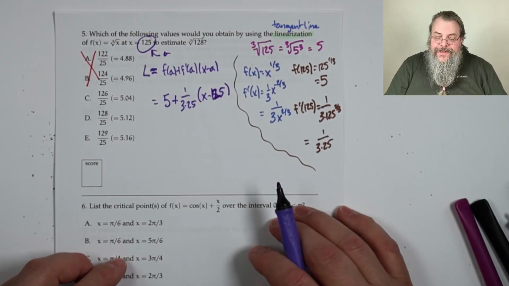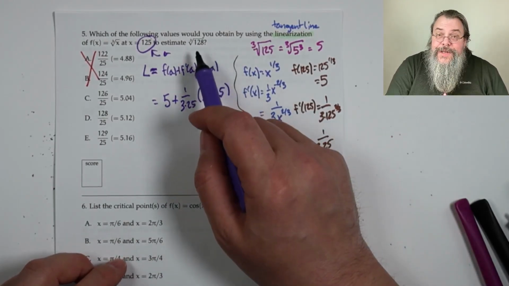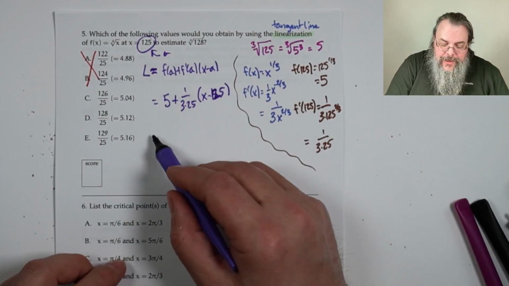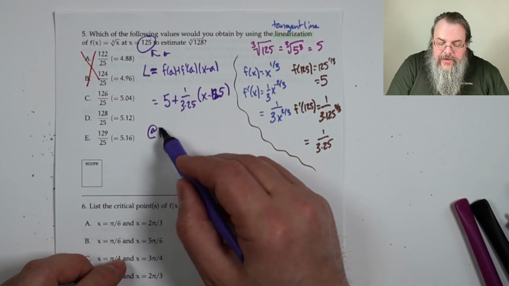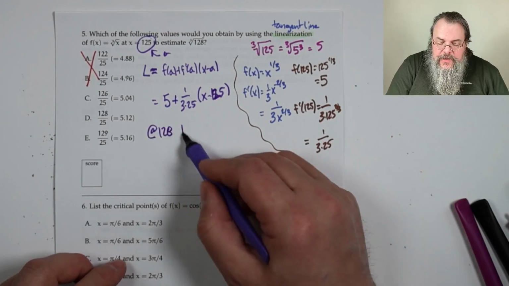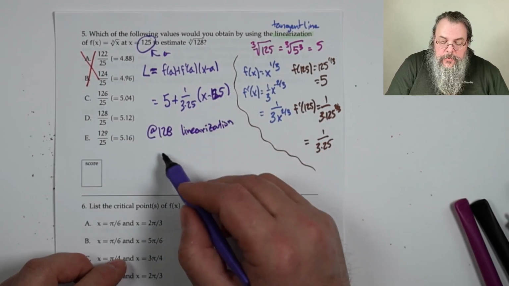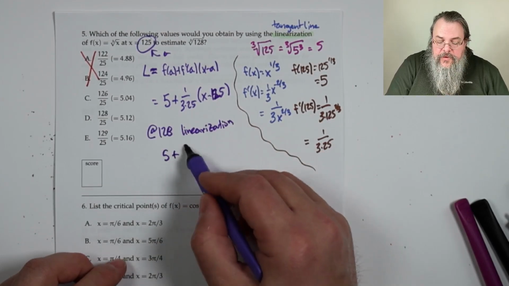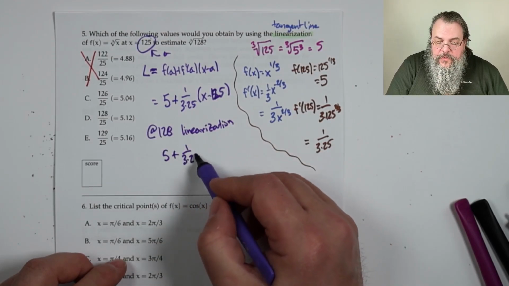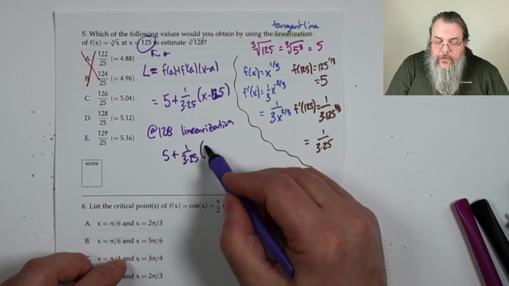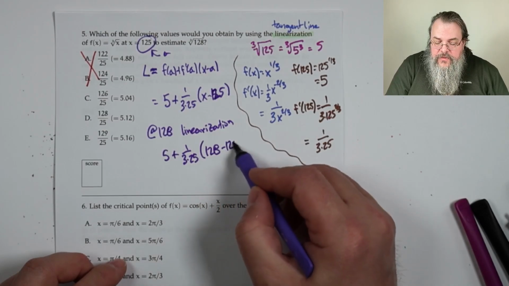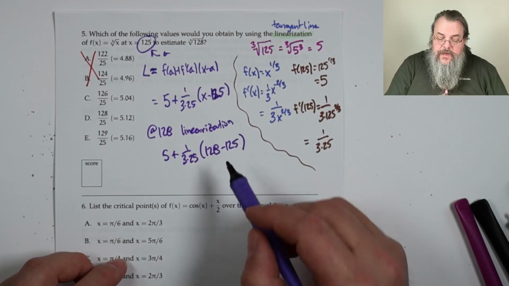All right. What's left? Plug in 128. So at 128, the linearization gives what? Well, it's going to be 5 plus 1 over 3 times 25 times 128 minus 125. And what do we see?